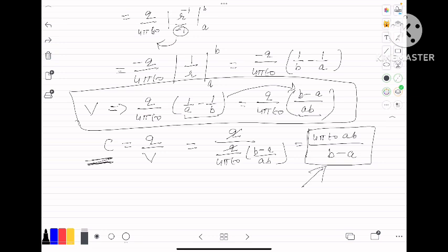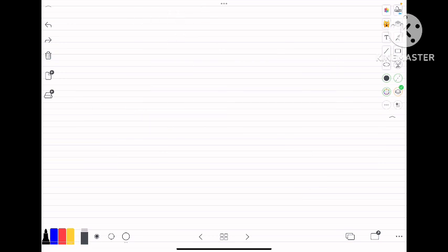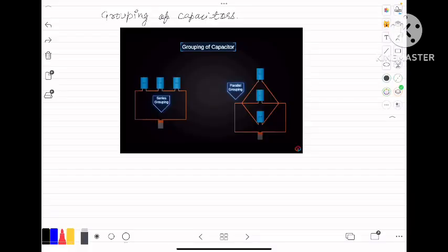Okay, so now let's look into the next topic, which is grouping of capacitors. Capacitors can be connected in many different ways, but we will discuss only two ways here.